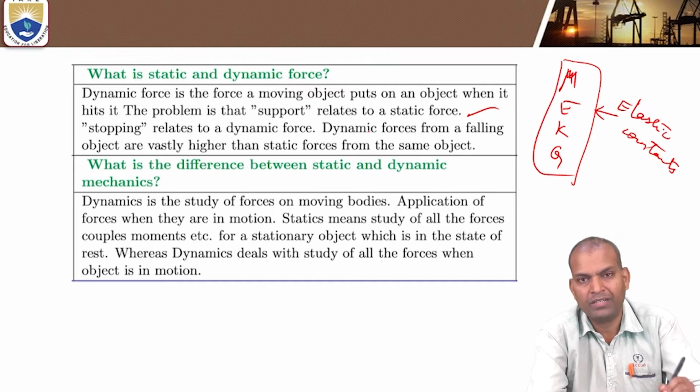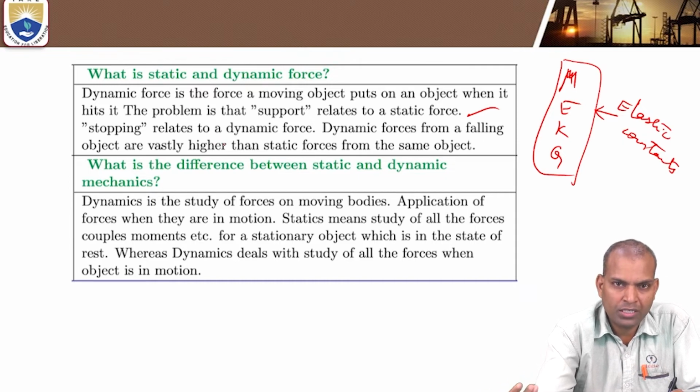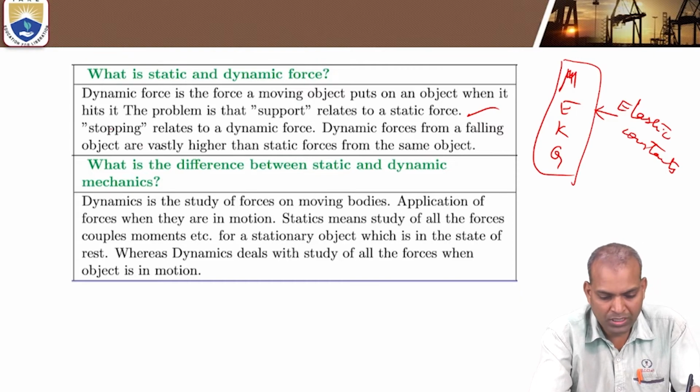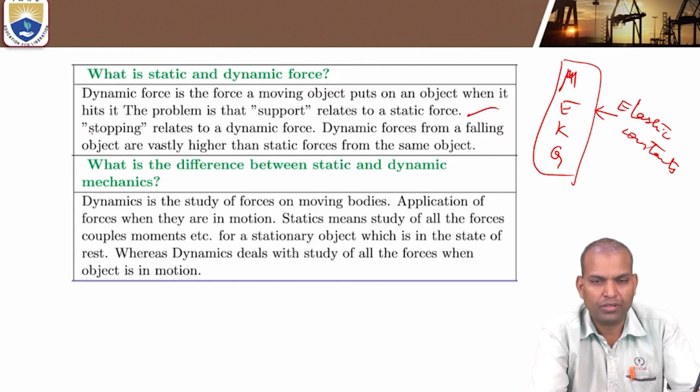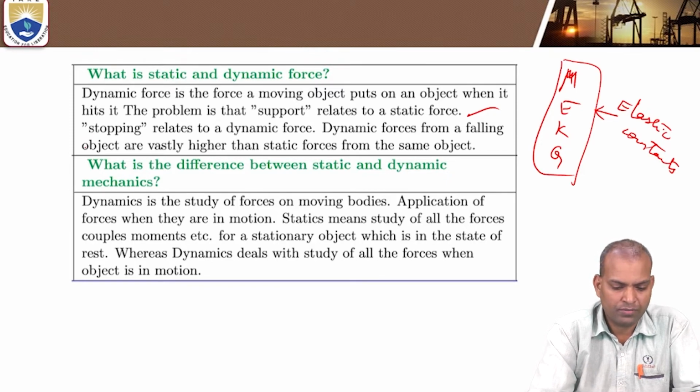That is the difference between dynamic force and static force. So stopping relates to a dynamic force, supports relate to a static force. Dynamic forces from a falling object are vastly higher than the static forces from the same object. So this is the description of static force and dynamic force.